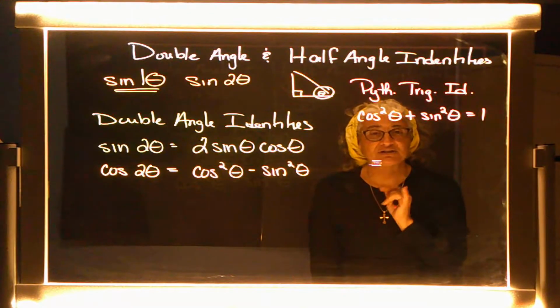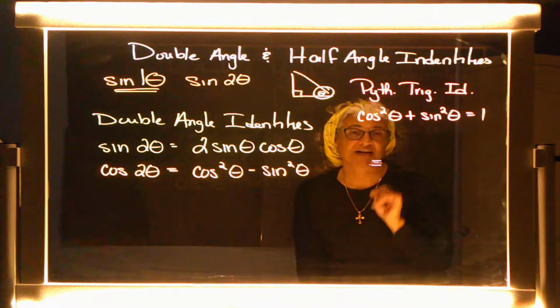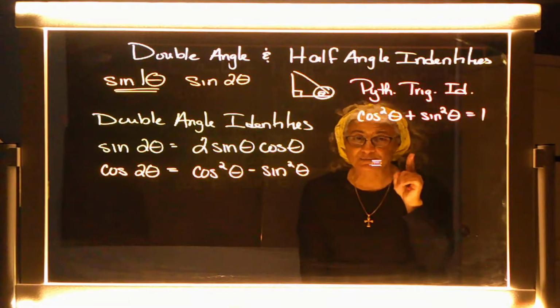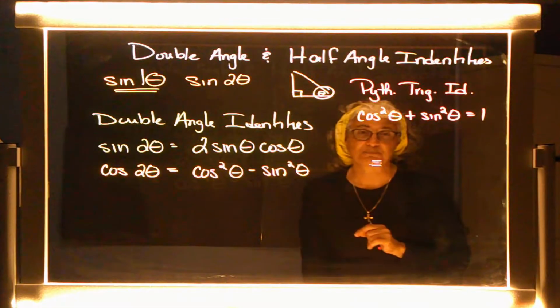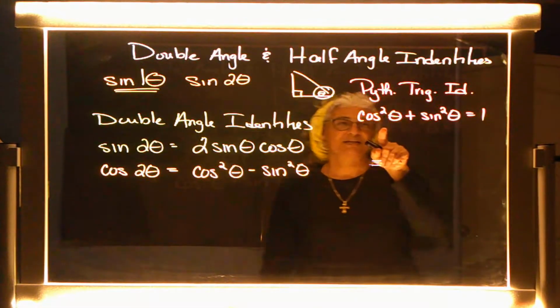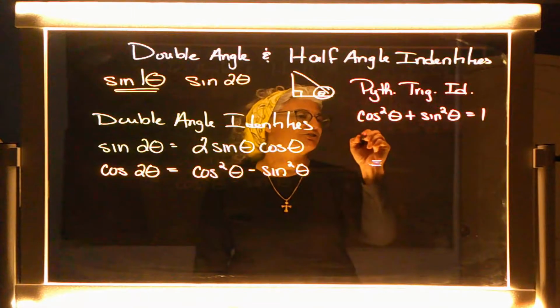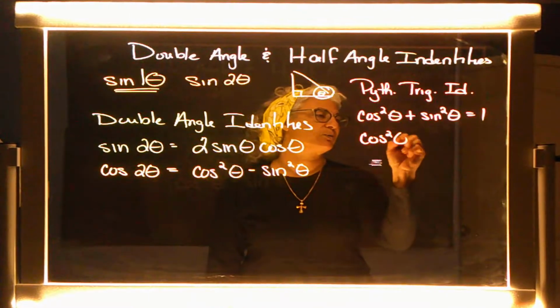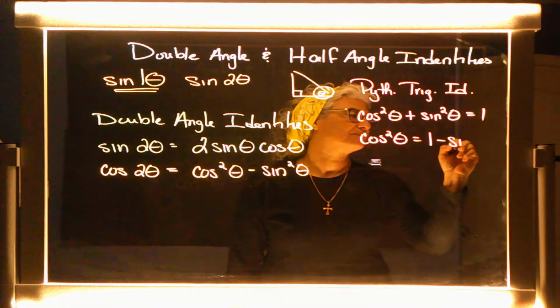Now, I'm going to do a little adjustment to this Pythagorean trig identity, which is how I'm going to get these other 2. So in this Pythagorean trig identity, let me get cosine squared by itself.